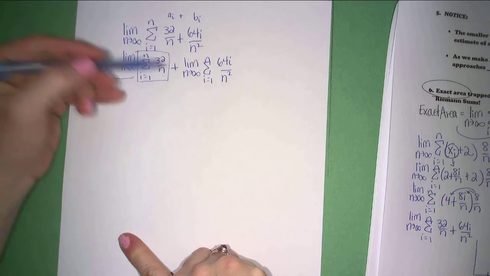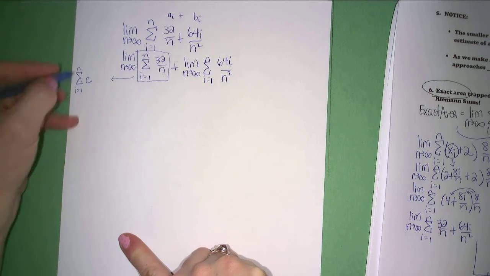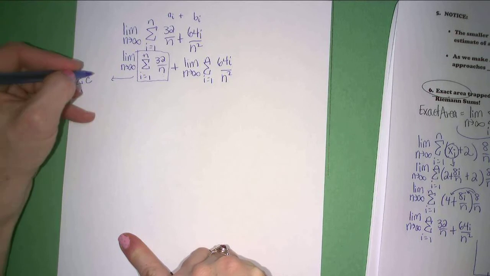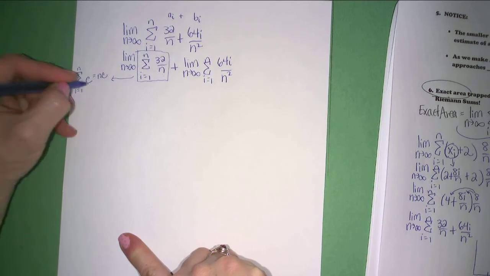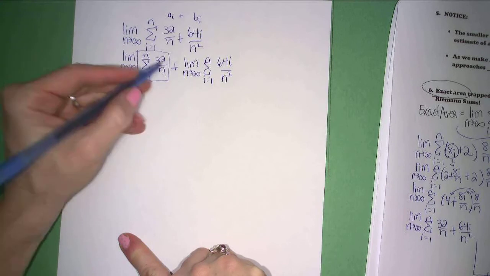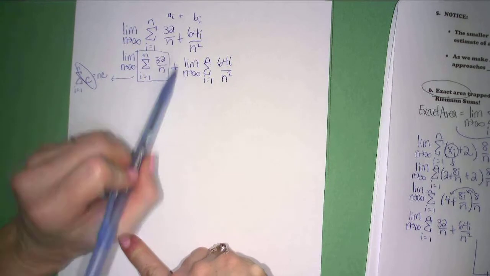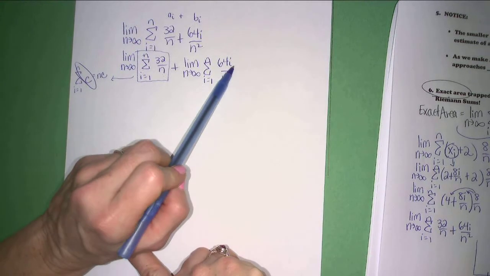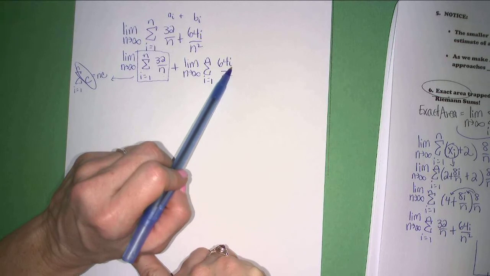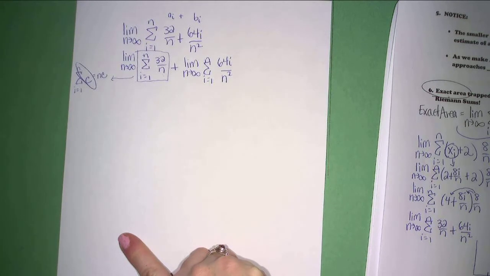So remember how this rule said when you have a constant, you just take n times c, you just multiply those together? So that's what we're going to do. And we can also think of this as a constant because there's no i in it. See how the i is over here in this one, the 64i? This doesn't have an i. So this is going to model a constant right here.